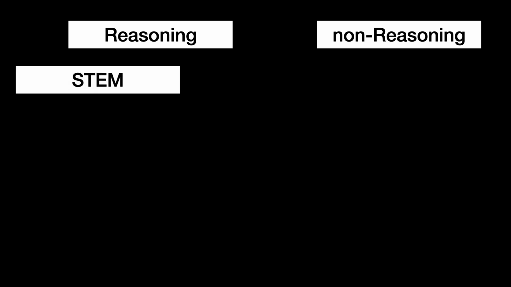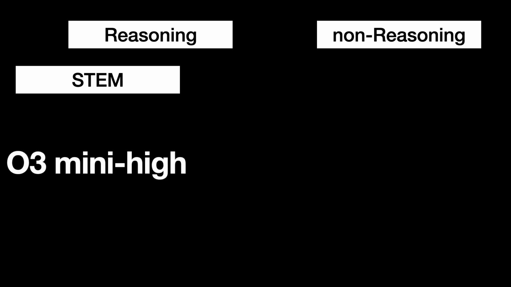So, in conclusion, here is a workflow for selecting the right model for the right task from OpenAI. Okay, if the task is related to STEM, which normally involves reasoning, the best choice is O3-mini high. Depending on the nature of the question, you could tune it down to medium or low.